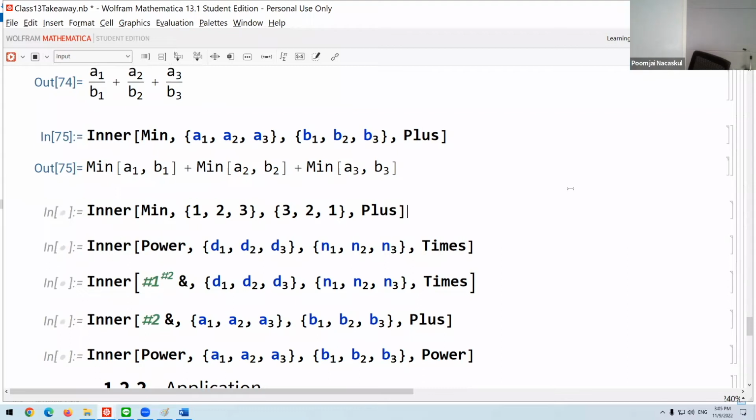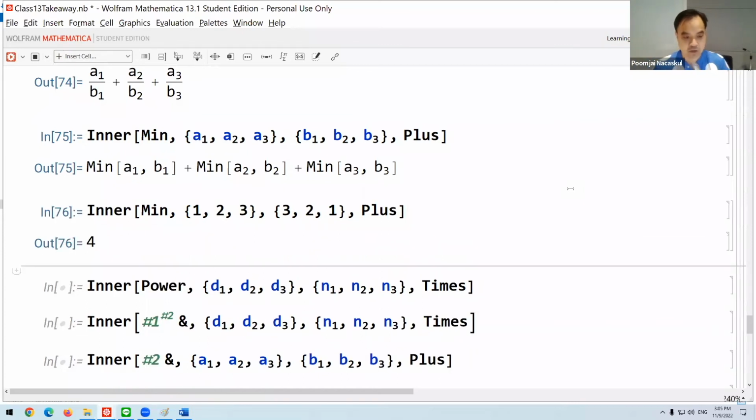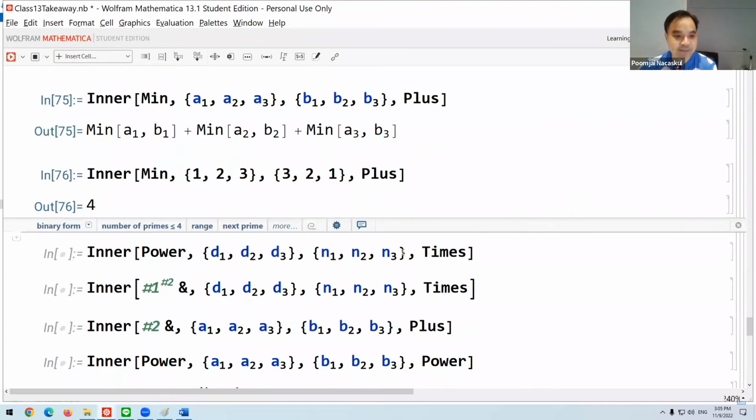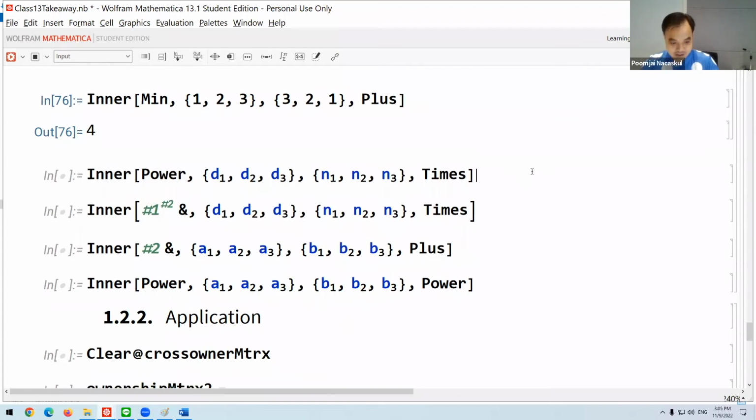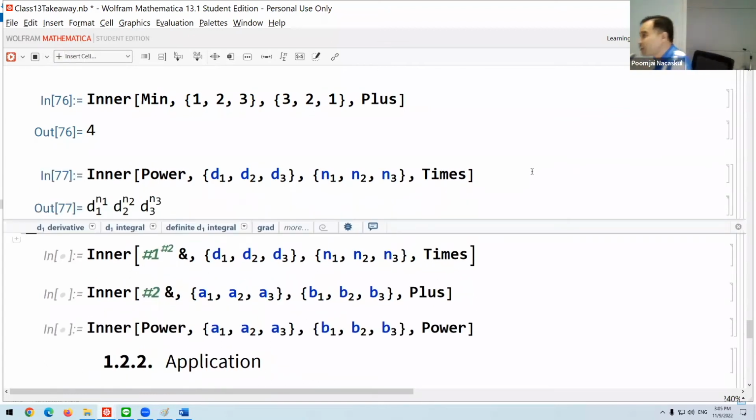Take the first pair. The minimum of that is 1. What's the minimum of the second pair? 2. The third pair? 1. What do you do with 1, 2, 1? You add them. 1 plus 2 plus 1 equals 4.